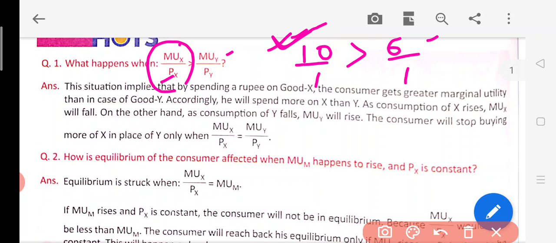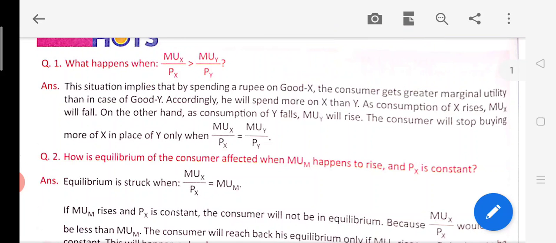Because of that, when he purchases X good, the marginal utility will fall, and one time will come when it will become equal to MUY upon PY. So both will become equal. What will be our answer in this case?